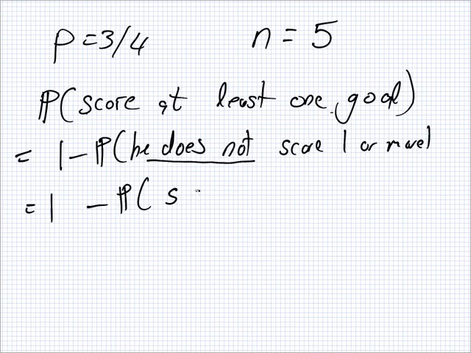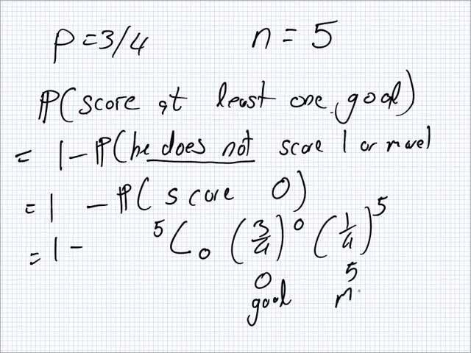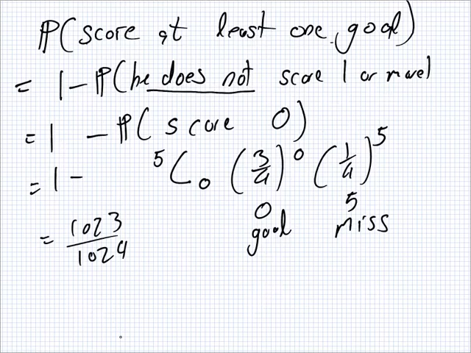That's 1 minus the probability that he scores 0 goals. 1 minus 5C0, 3/4 power 0, 1/4 power 5. So these are 0 goals, and this is 5 misses. And I think this comes out as, by accident, the same answer as the last one. So there's a 0.999 chance that he'll score at least one goal.